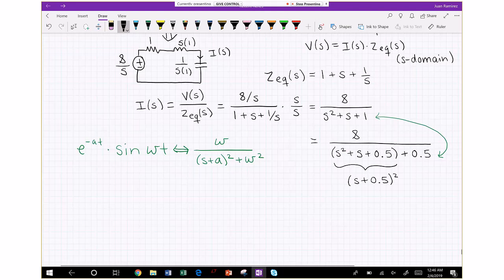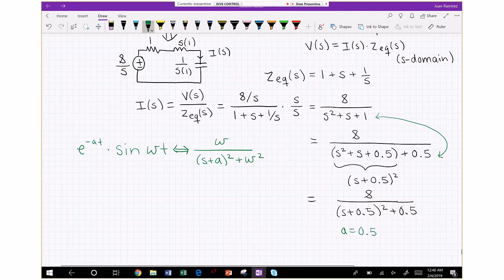Okay? So now I can rewrite this. 8 over s plus 0.5 squared plus 0.5. As soon as I do that, I could tell my value of a is equal to 0.5.